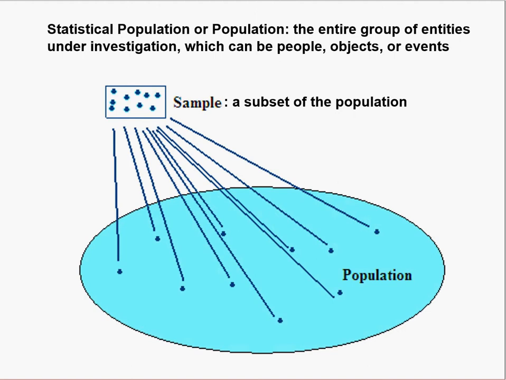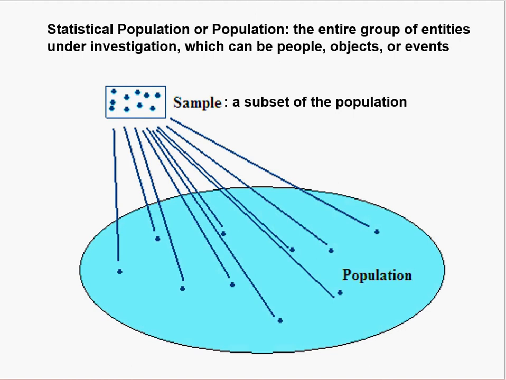But a lot of times, it's very time consuming or expensive to study a statistical population. Instead, we go out there to take a subset of the population that we call the sample, and we can study the performance of this sample. And if we take a sample that is really representative, the characteristics of this sample may closely resemble those of the statistical population.